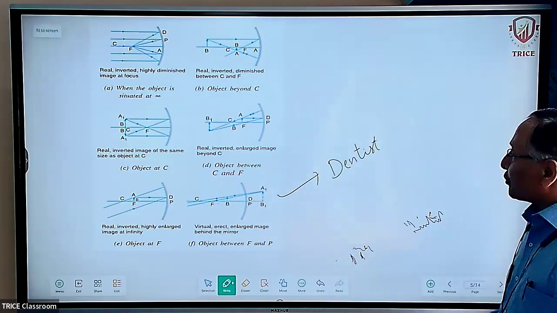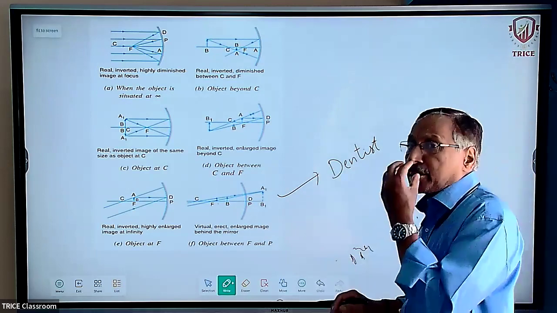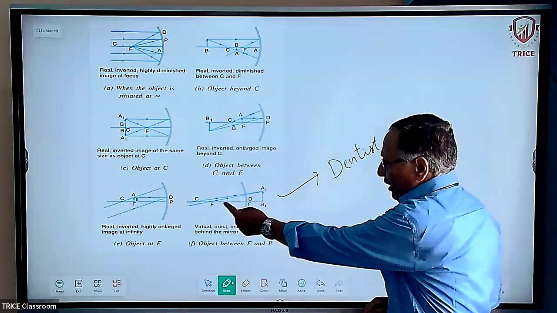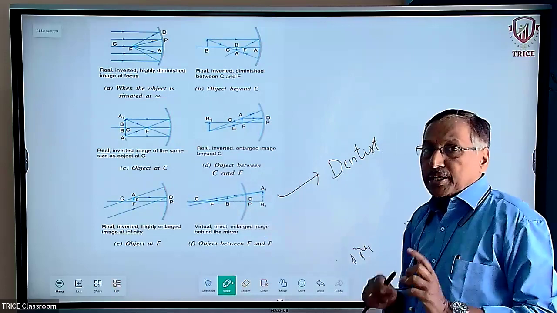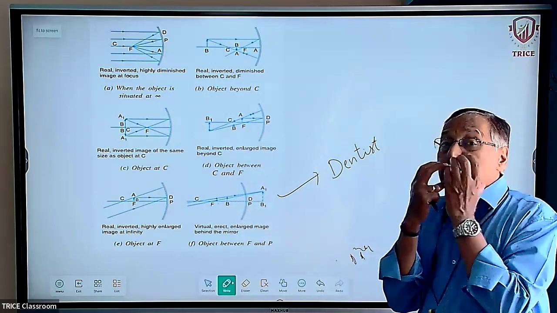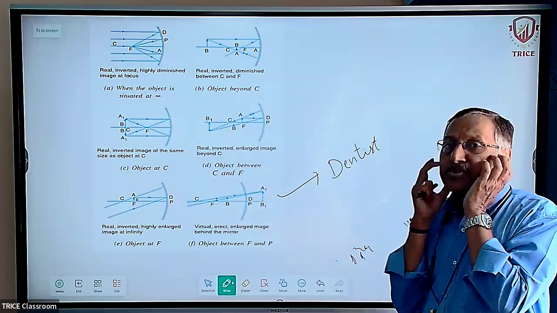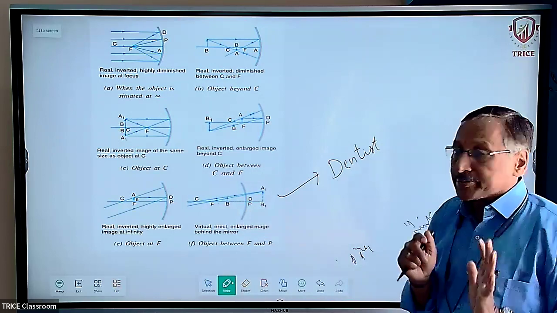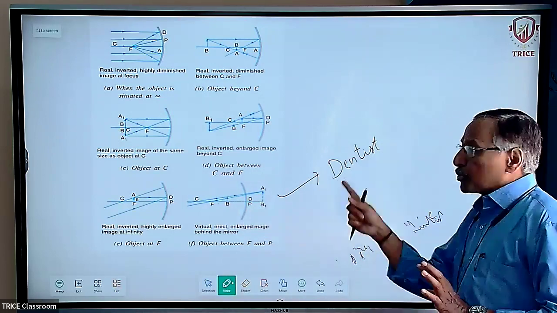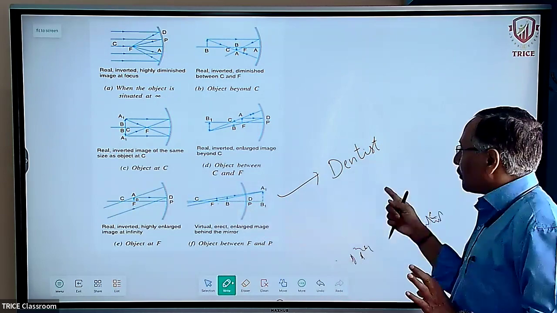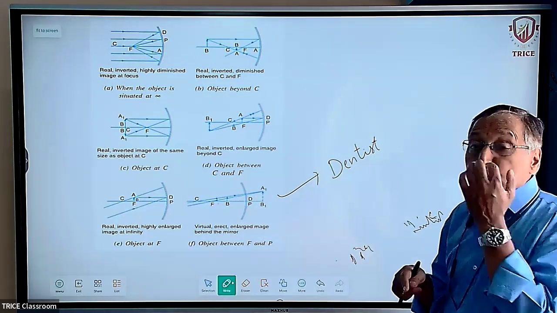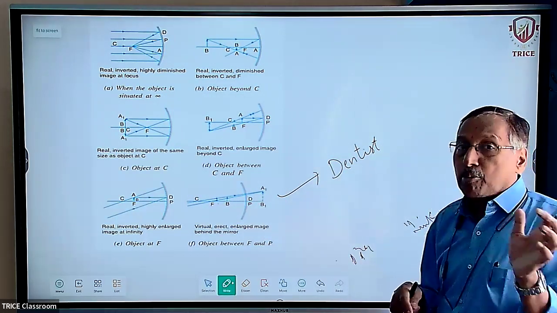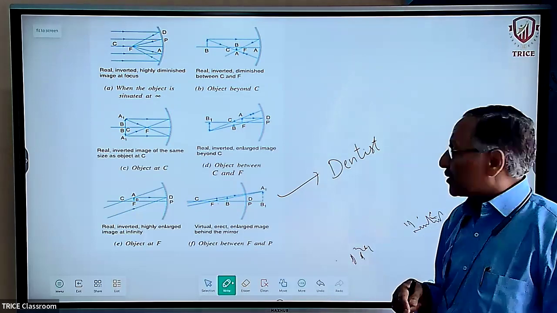They keep our tooth at a point between focus and the pole so that they get an enlarged image of our teeth and they can see the defects in our teeth. All right. This is one use of concave mirrors. Concave mirrors are used by the dentist to see the deformities or cavities or whatever problem is there with our teeth. All right.